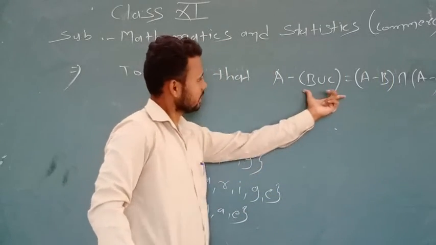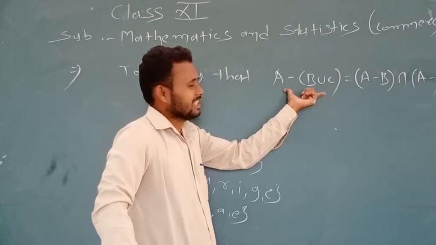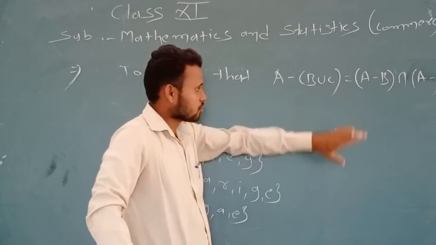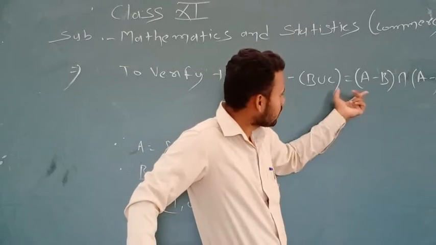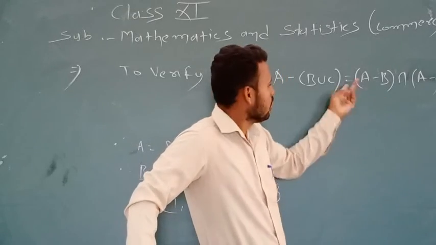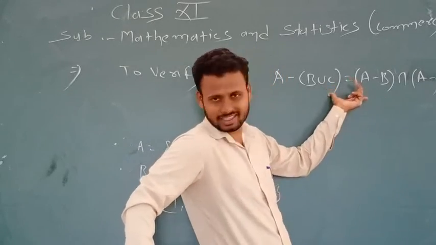What do we have to verify? First we will find the LHS value, equation first, then next we will find the RHS value, equation number second, then from equation first and second we observe that both have same value, therefore we can write this equality.